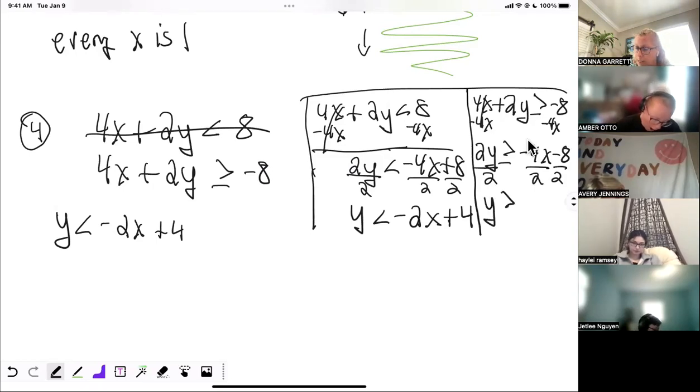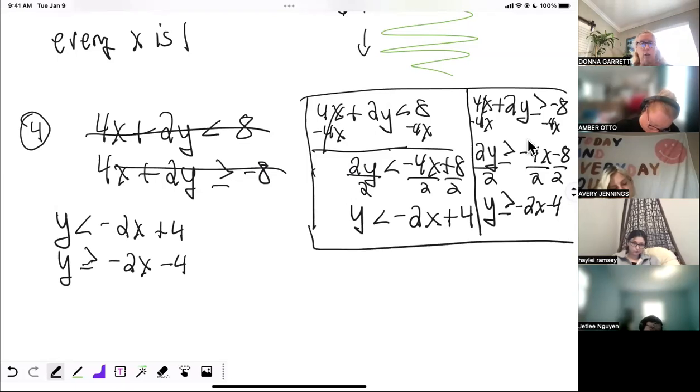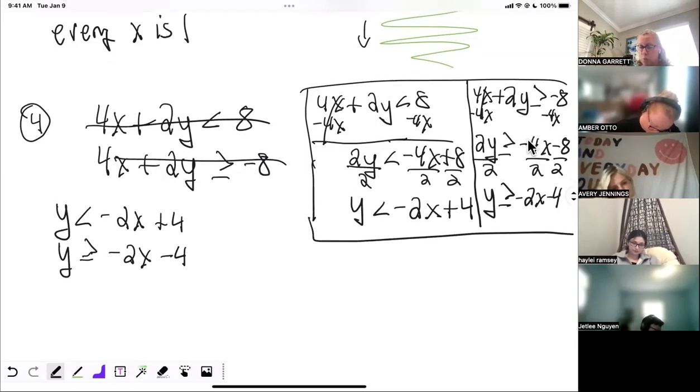Y is greater than or equal to -4 divided by 2 is -2x. -8 divided by 2 is -4. So my new equation is y is greater than or equal to -2x minus 4. So we did our scrap work and we have our new equations. Let's put up a graph.